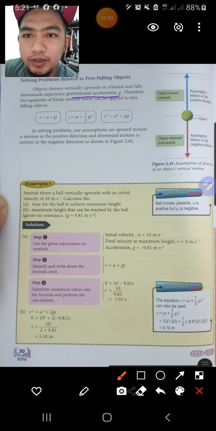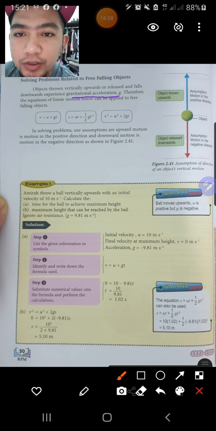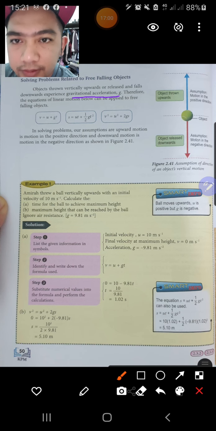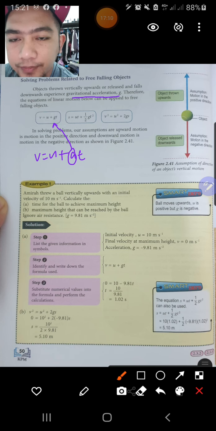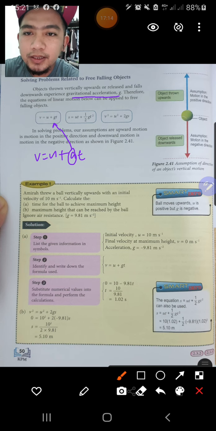Therefore, the equation of linear motion below can be applied to free falling objects. Actually, kita sudah belajar this formula, cuma let's say this one, this a we change to g because we consider the gravitational acceleration.